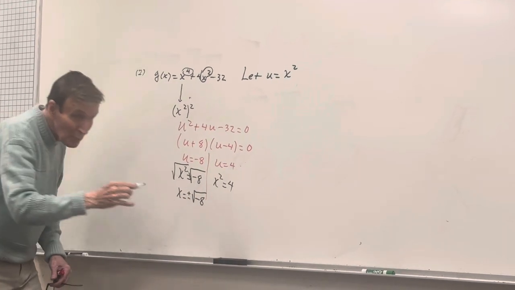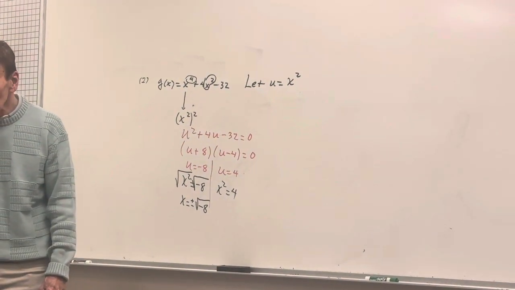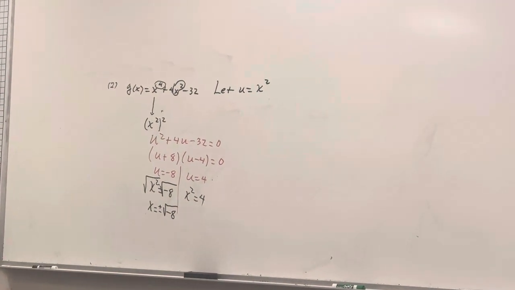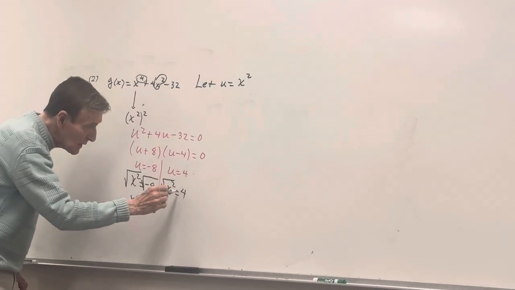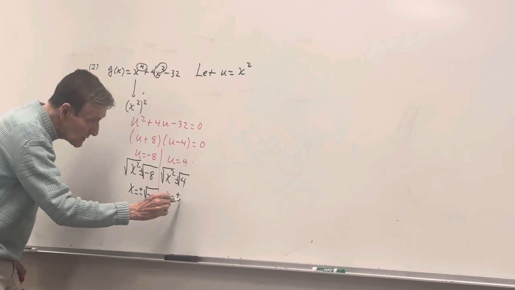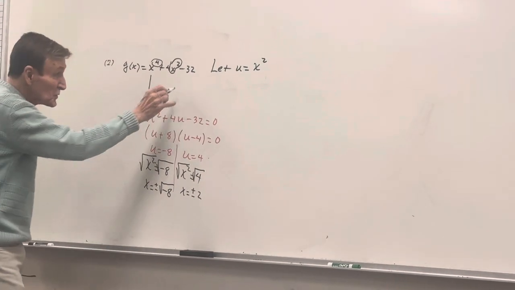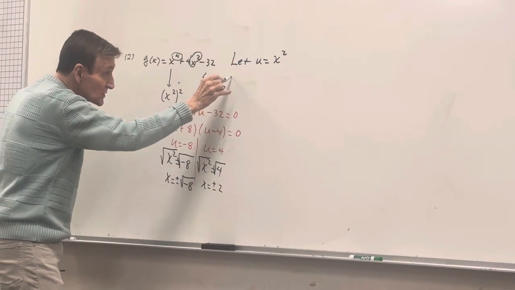Now, at this point in the math we have, would I have to stop? Yes, until a little bit later. Right there, I've lost 2 zeros. This one, though, if I do a square root, is doable. x is equal to plus minus 2. And therefore my 2 zeros of the 4 that I was looking for are these 2.